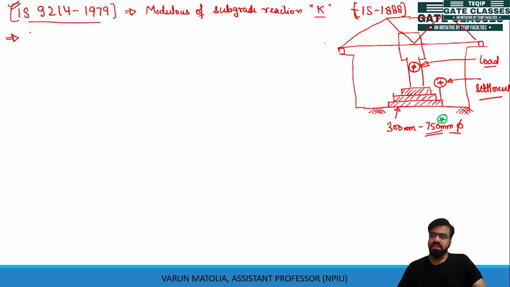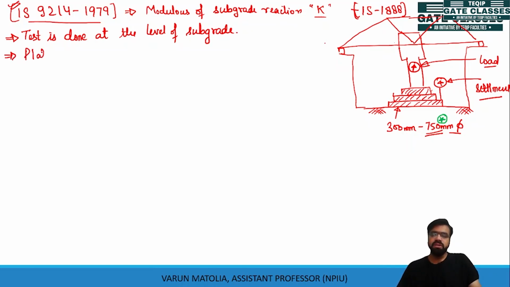So we know that the test is done at the level of subgrade, with plates of dia 750 mm.